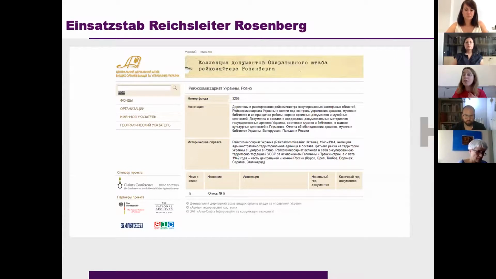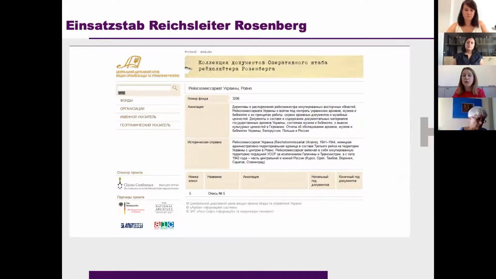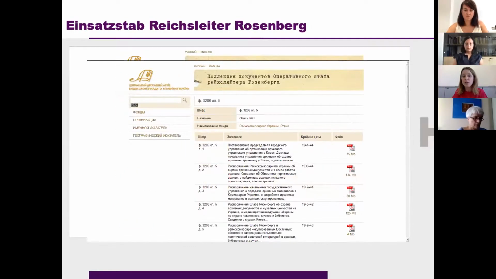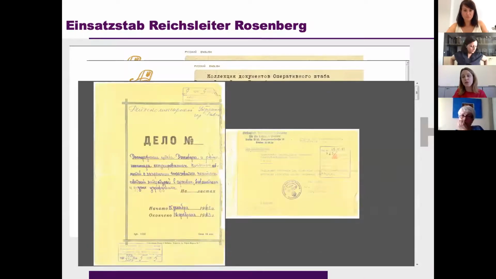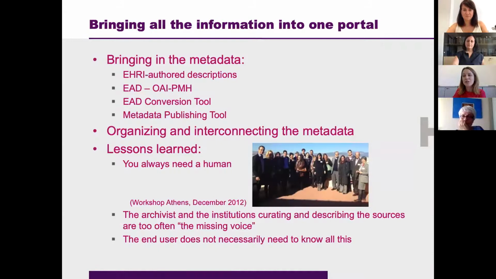Now, I do not read the Cyrillic characters, but I can find my way with the English description and the numbers there into this digitization project, and can find my way in that way all the way to a German language document that I can then read and understand.